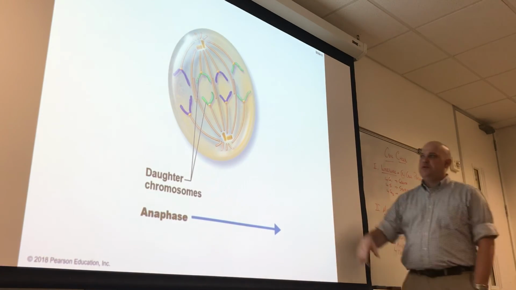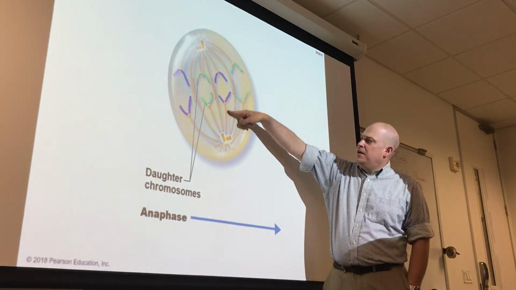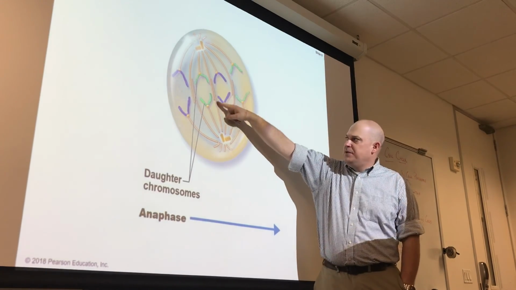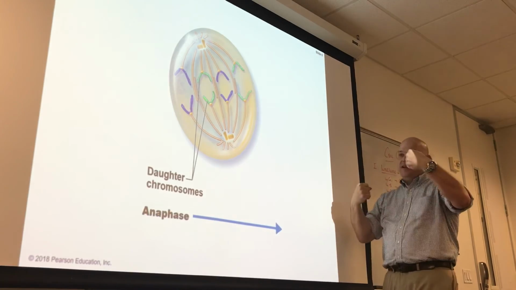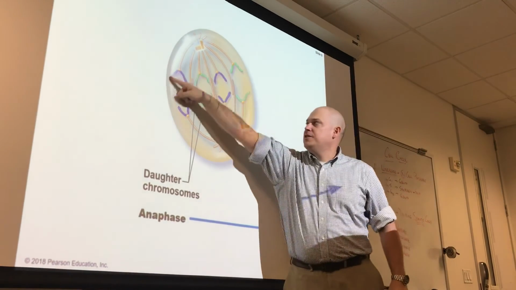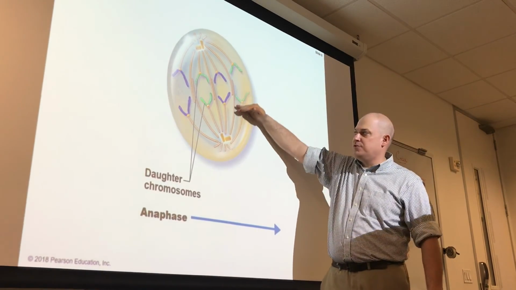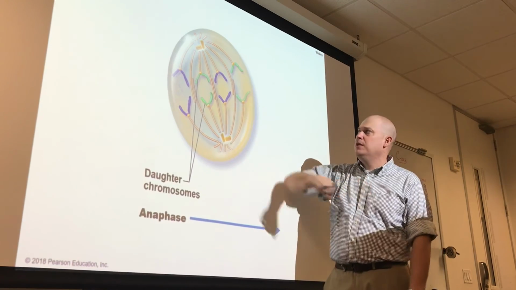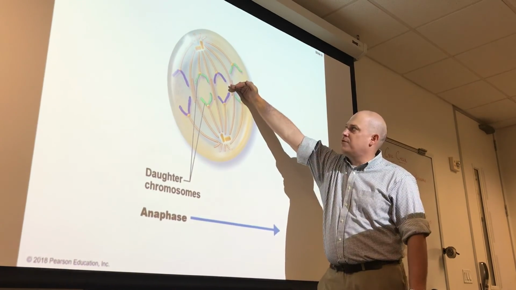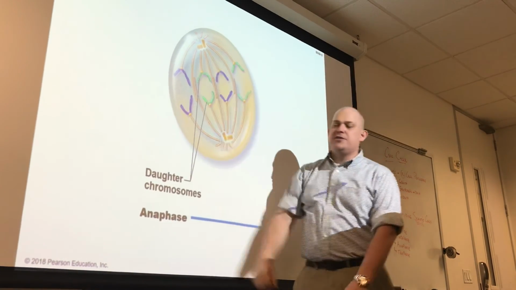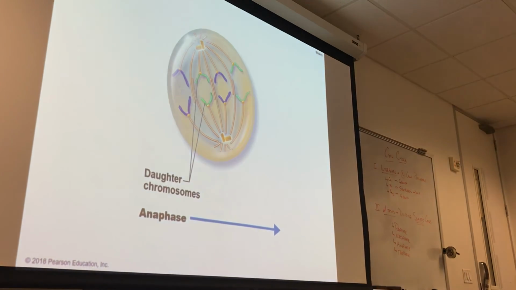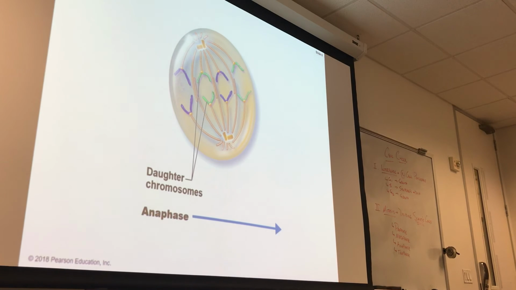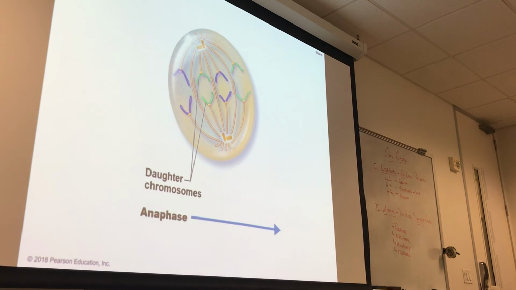During anaphase, we see a shortening of the mitotic spindle fibers, and as they shorten, they literally split the chromosomes into two, so that half of the chromosomes are going towards one centriole, and the other half of the chromosomes are migrating towards the other centriole. Again, think of the centrioles as fishermen. They've cast a line, they caught their fish, and now they're starting to reel it in. They're just bringing that chromosome back to them.